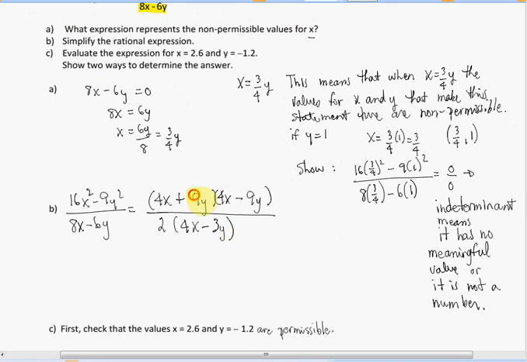And you can reduce. So that 4x minus 3y goes into itself once, and our final simplified answer is 4x plus 3y over 2, where x can't be equal to 3 over 4y.